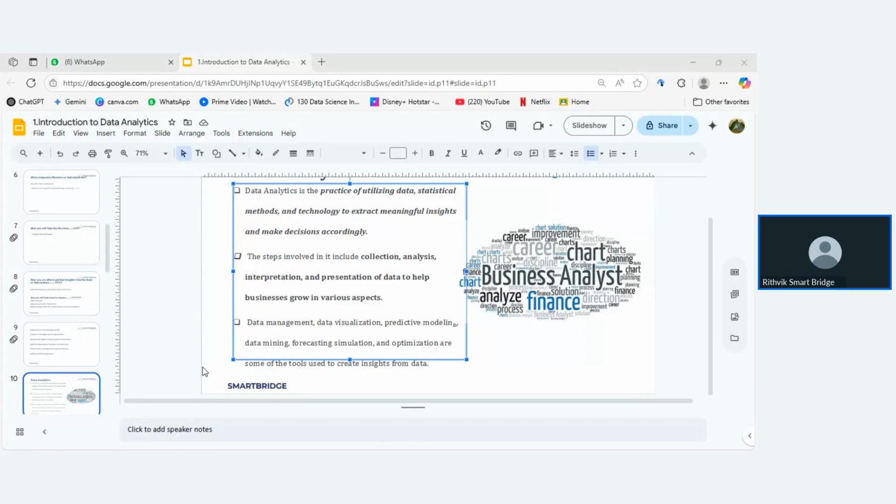Predictive model is basically like determining what is likely to happen in the near future. Yeah, that's good. Predicting future outcomes on the basis of historical data.